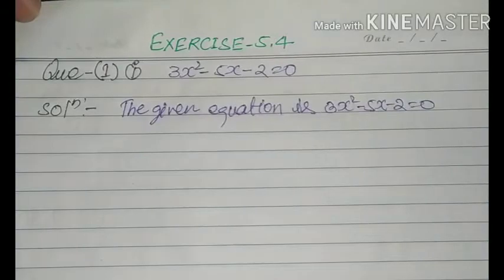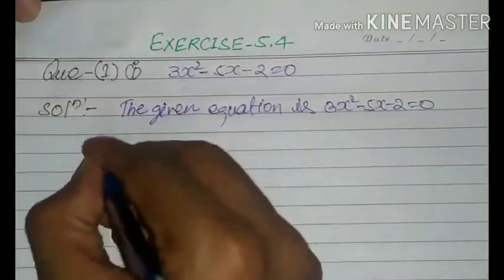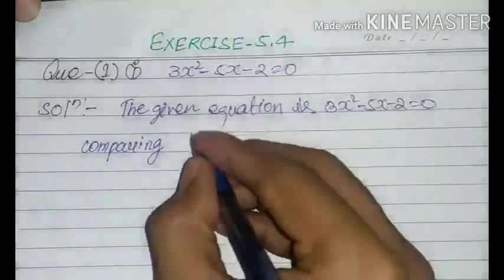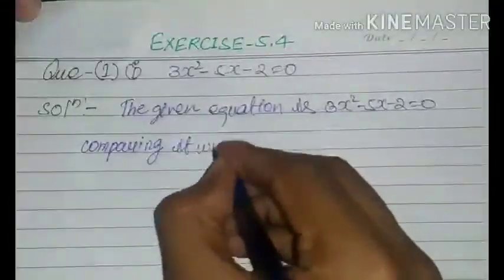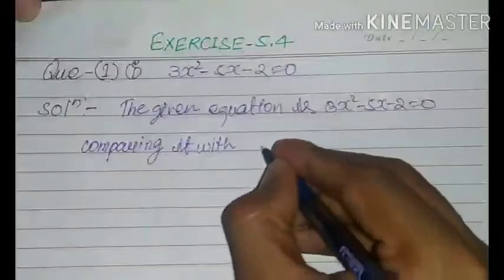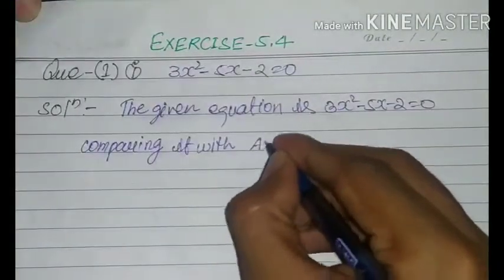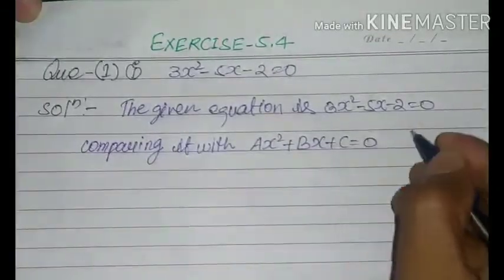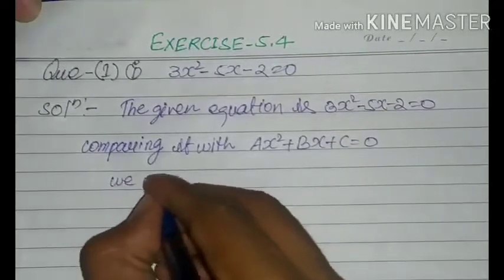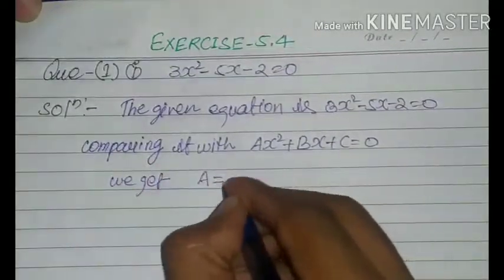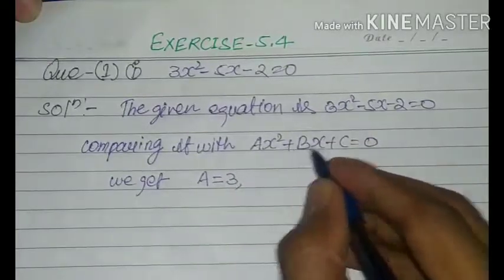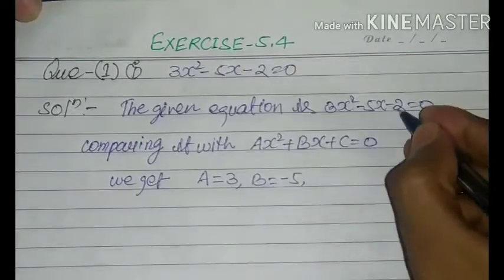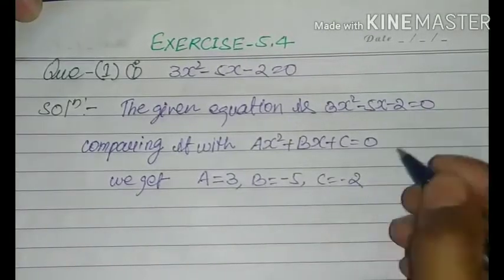Okay, and comparing it with the standard quadratic equation, which is ax square plus bx plus c equals to 0, we get a equals to 3 and b equals to minus 5 and c equals to minus 2.